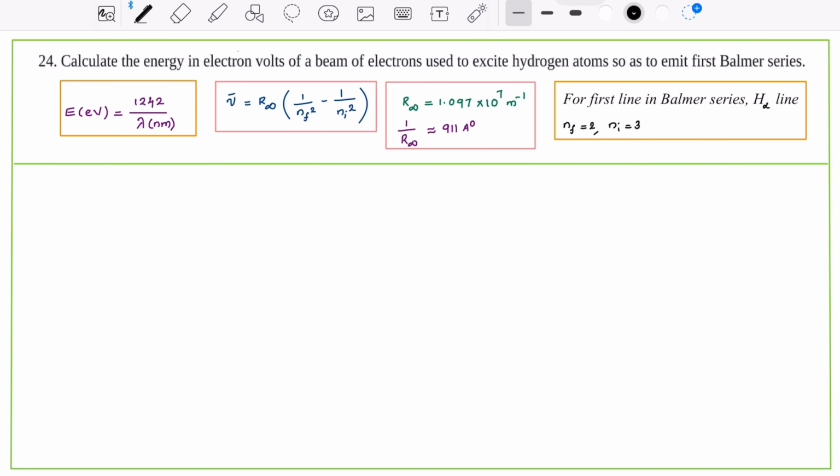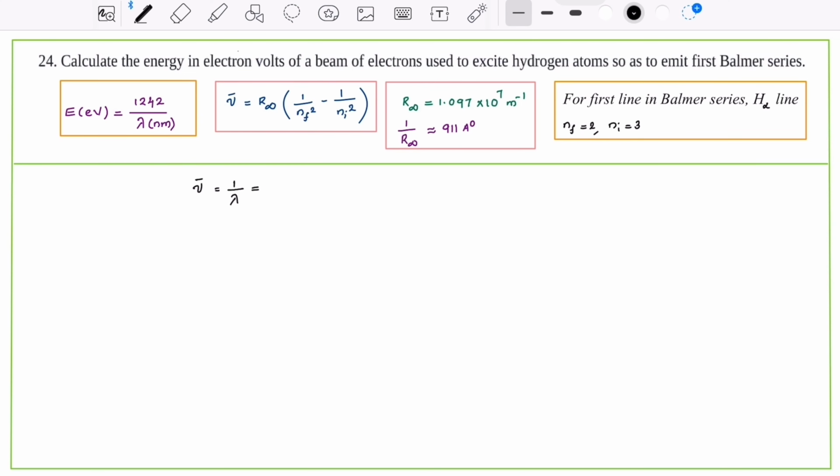In the present problem, we have to calculate the energy of a beam of electrons required to excite hydrogen atom to emit the first line in Balmer series. The first line in Balmer series happens whenever there is a transition from Ni equal to 3 to Nf equal to 2, and this line is called H alpha line.